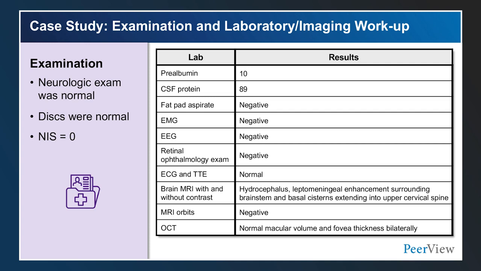His MRI orbits were normal, and his OCTs demonstrated normal macular volume and fovea thickness. Very importantly, his neurologic exam otherwise and his neuropathy impairment score were 0, so he did not have evidence of neuropathy on exam.